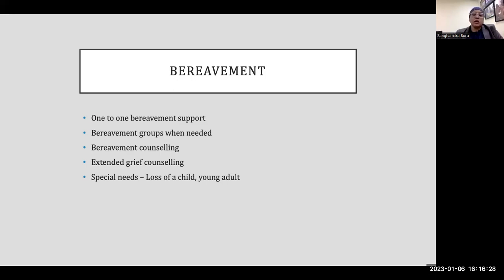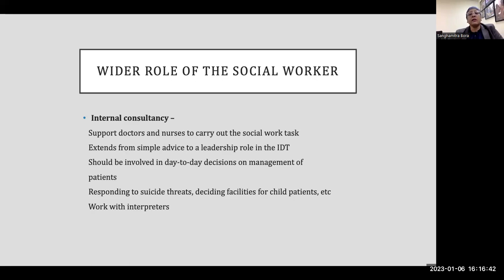And then, of course, there are the special needs of losing a child or a young adult, trying to accept the situation. The social worker generally plays a very important role. And then, of course, there are wider roles for the social worker, supporting the doctors and nurses to carry out the social work task. Doctors generally are focused on their work, even when we are palliative physicians and we understand that we must play a social work role also.